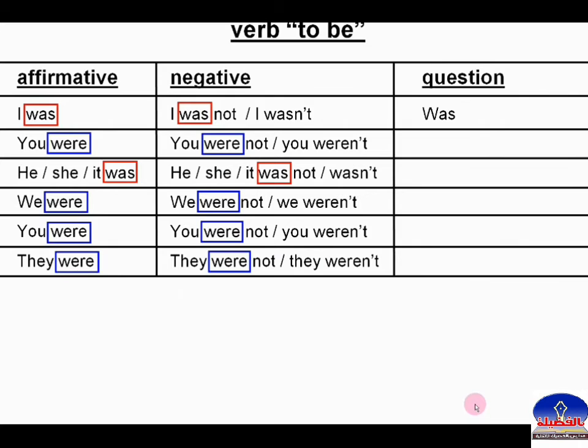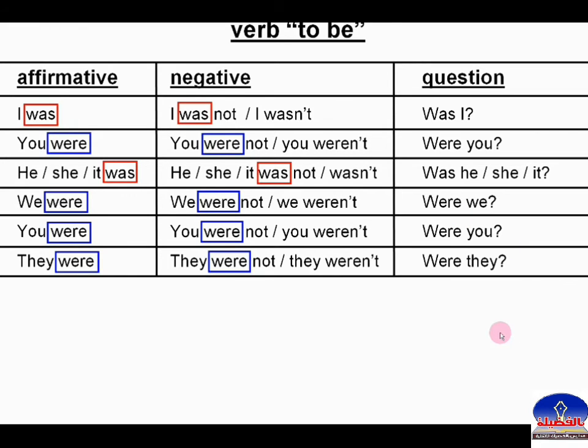The question: was I? Were you? Was he, she, it? Were we? Were you? And were they? So again, this is different as well. The verb to be in the question form, we do not say did.